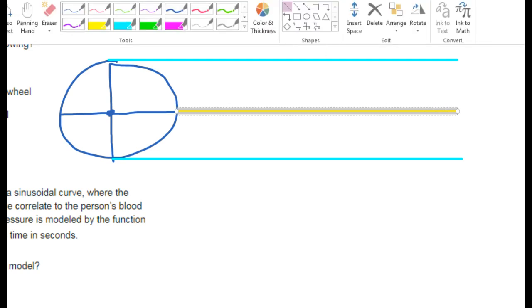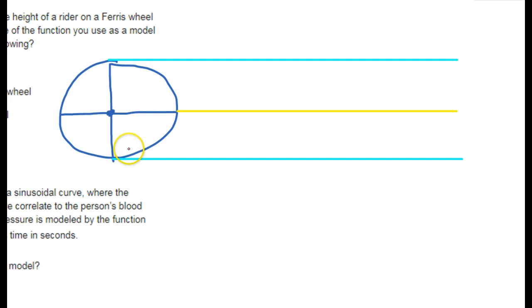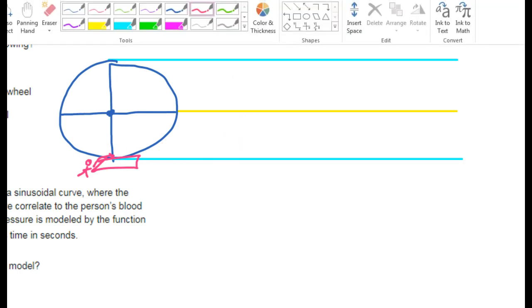So a rider, of course, will first get on at the very bottom. There's always some kind of platform that you get on, that you walk up some stairs. And you board the Ferris wheel here at the bottom.